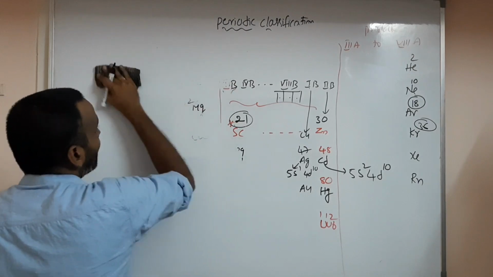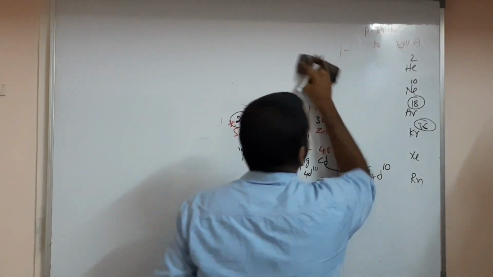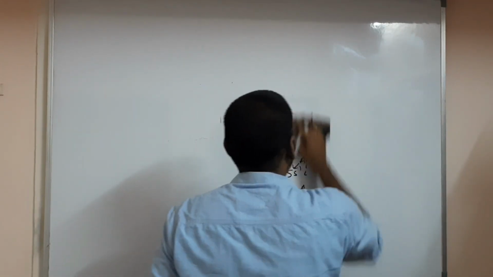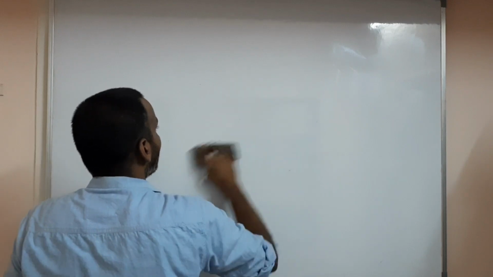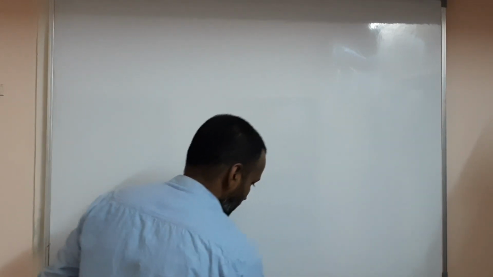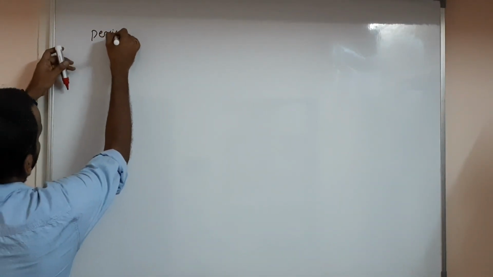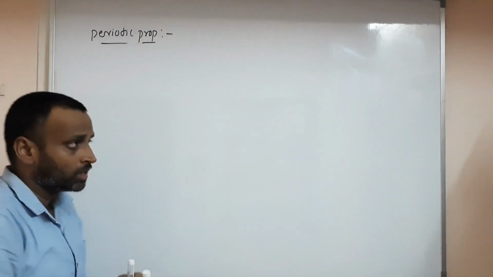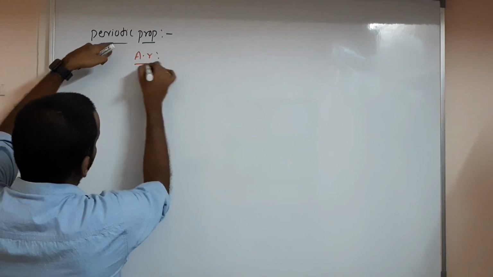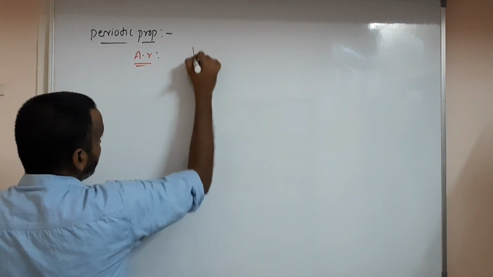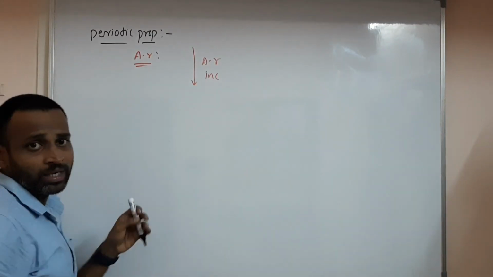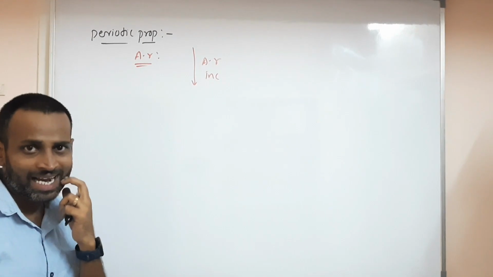And next we have to discuss some periodic properties. What have we discussed? Periodic properties like atomic radius, ionization potential, electronegativity, electron affinity, and what happens to them. First, atomic radius: going down, atomic radius increases because as we go down, the electron enters a new shell.